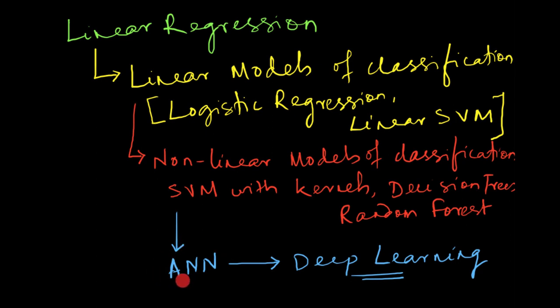But these ANN and deep learning algorithms encompass a very broad family of functions. And as you change the parameters of ANN and deep learning in your machine learning process, you actually scan a very broad range of functions. And that is what gives ANNs and deep learning the power that they have.